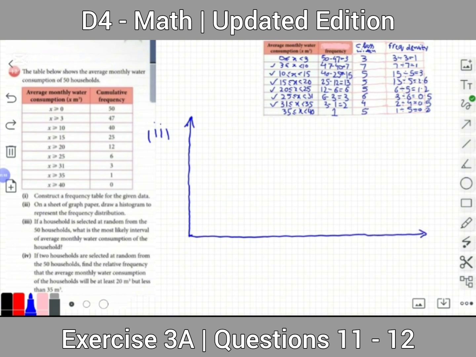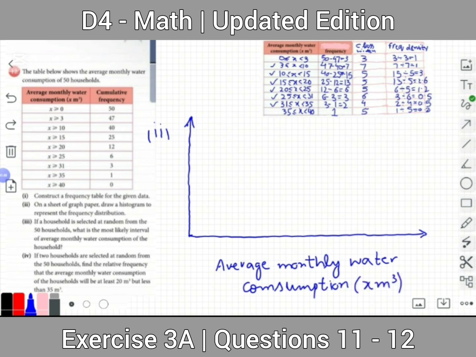Along the x-axis we will take average monthly water consumption in meter cubes, and along the y-axis we will take frequency density.